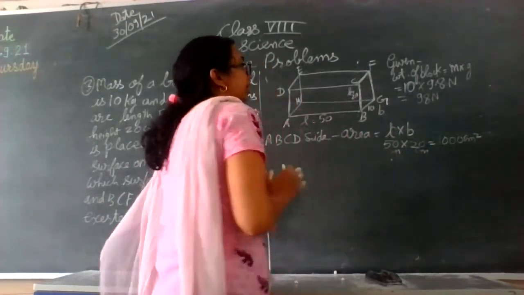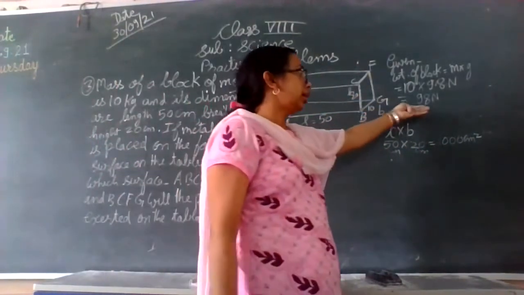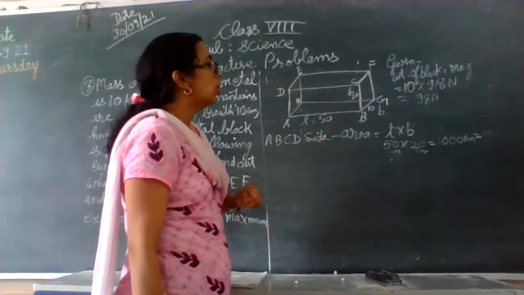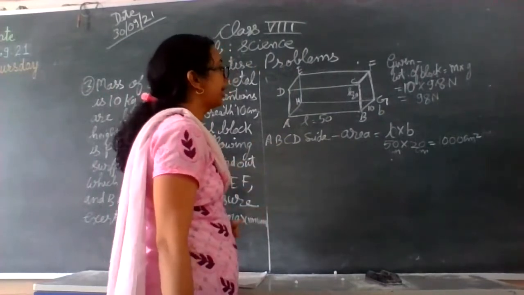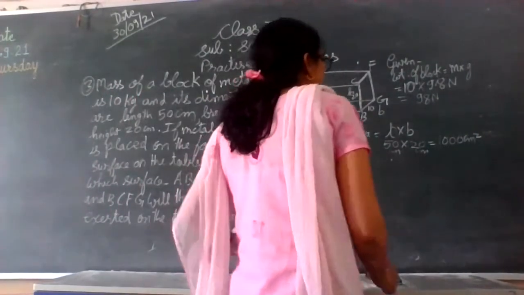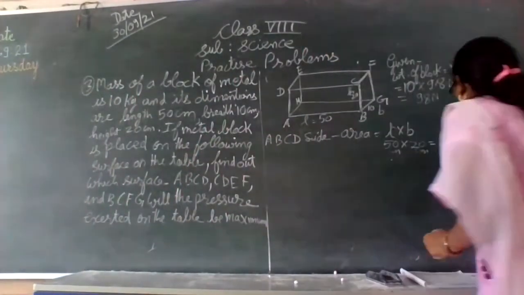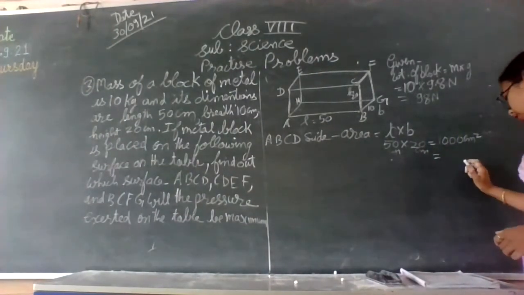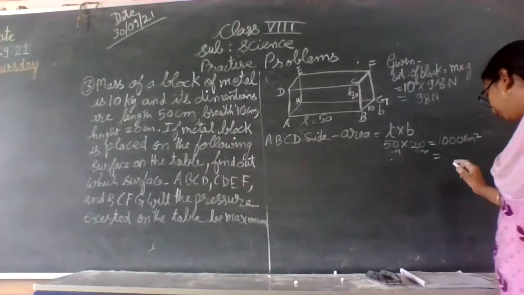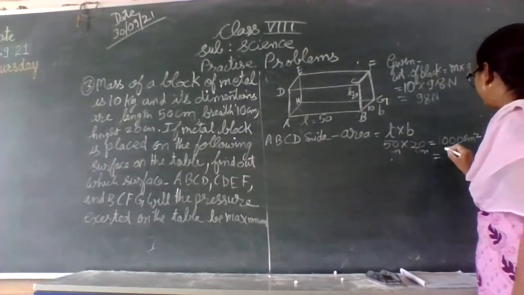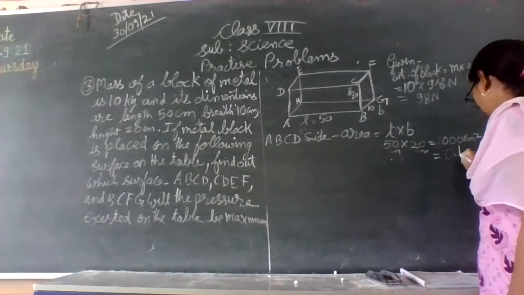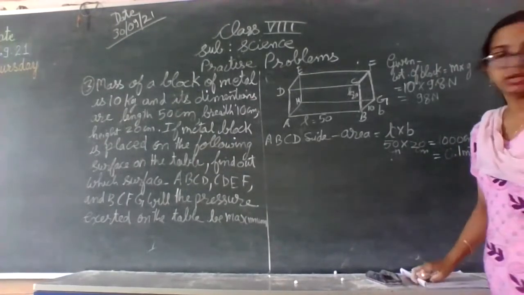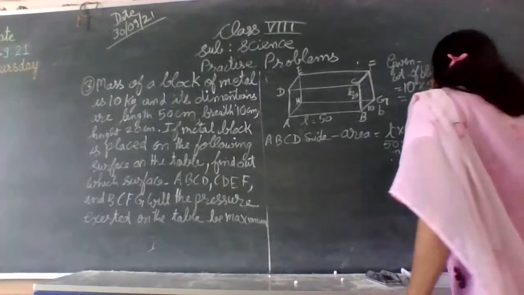But when we calculate with Newton for weight in SI unit, we need meter for area. Therefore, we will be converting this into meter. Okay, so it will be coming up to 0.1 meter square. Okay, next.